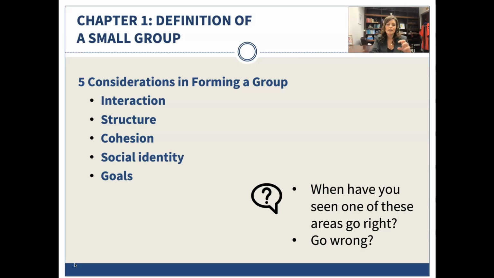Does that infuse you with the strength that you need, or the drive and the passion to continue on in your role? You think about social identity, maybe someone's in a group of moms or a group of dads or a group of siblings. That social identity, that belonging to one another, that understanding of each other's position in life or background, that can be a really big part of group membership.